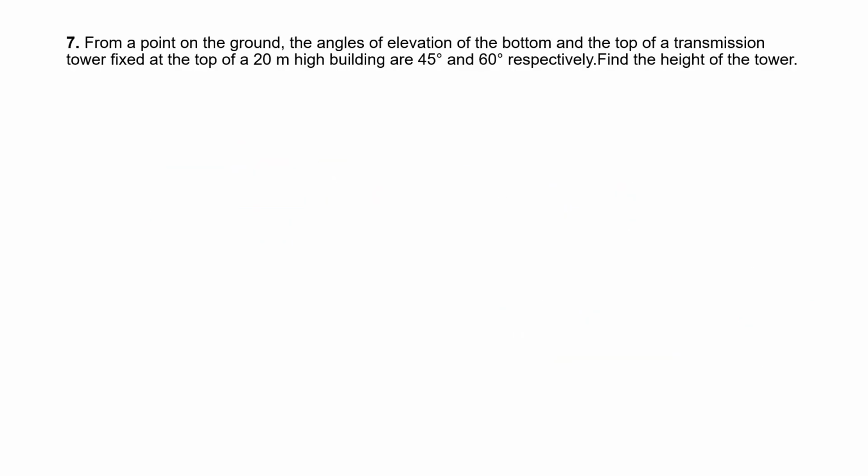Okay, next question. From a point on the ground, the angles of elevation of the bottom and top of a transmission tower at the top of a 20-meter high building are 45 degrees and 60 degrees. Find the height of the tower. Whenever there is a transmission tower, it will be on tall buildings.